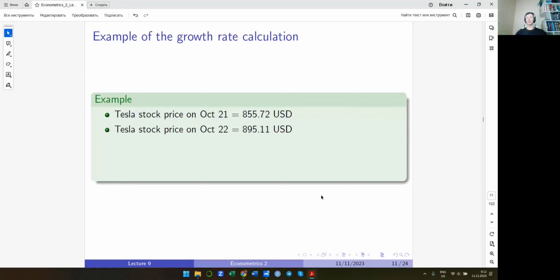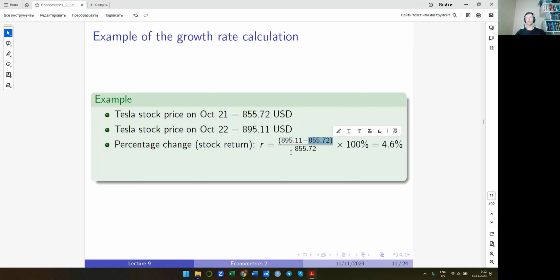And then the next day the price changes. Look, if we compute the percentage change in a usual way, how we've studied in school, then there is going to be this value, right? So we need to take the next value minus the previous value divided by the previous value multiplied by 100. Fine.